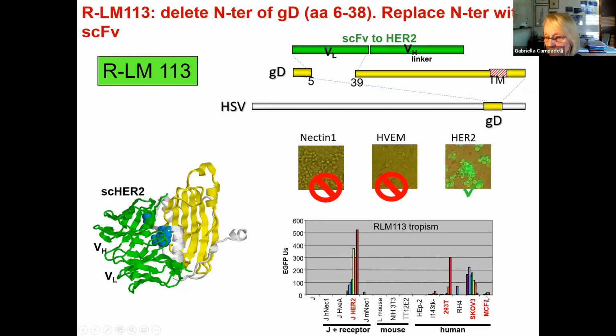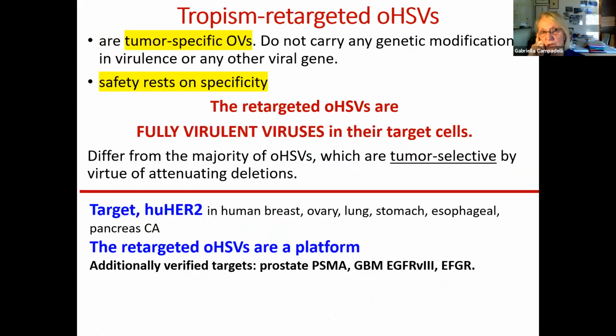It does not infect HER2-negative tumor cells. It happens that it also infects 293 cells and doesn't infect a bunch of other cells. So these tropism-retargeted oncolytic herpesviruses are tumor specific.